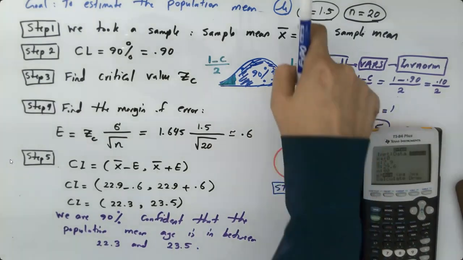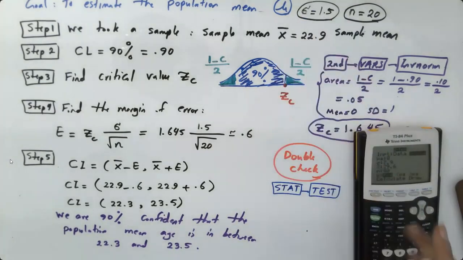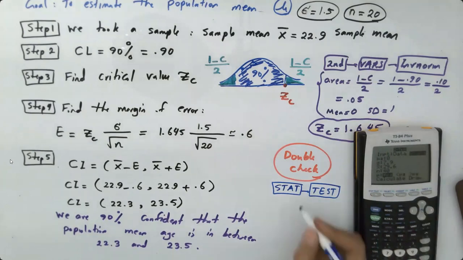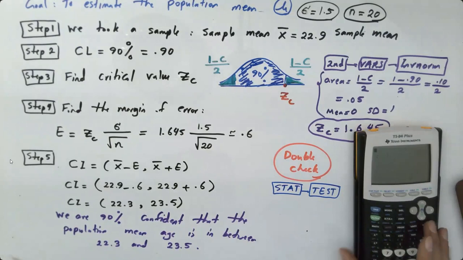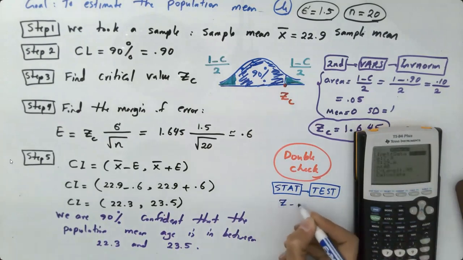Since the standard deviation of the population is given, you're going to use your z-test, the z-interval. I selected this one by mistake, z-interval.